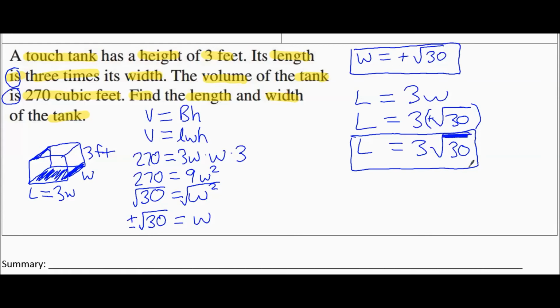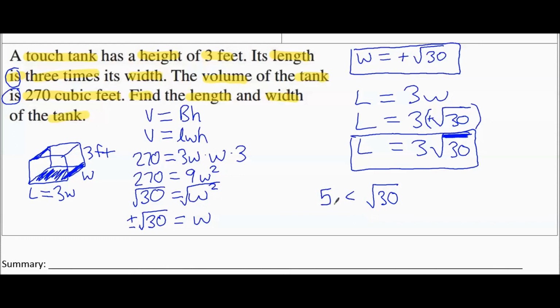So L is equal to 3 root 30. This one doesn't have any perfect square factors. I should say that the square root of 30 is somewhere between, well, let's see, what perfect squares is 30 close to? 25 is below 30, and what is the square root of 25?